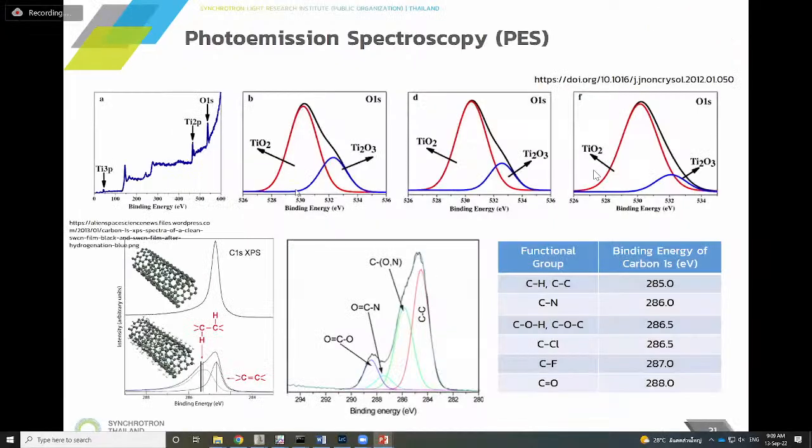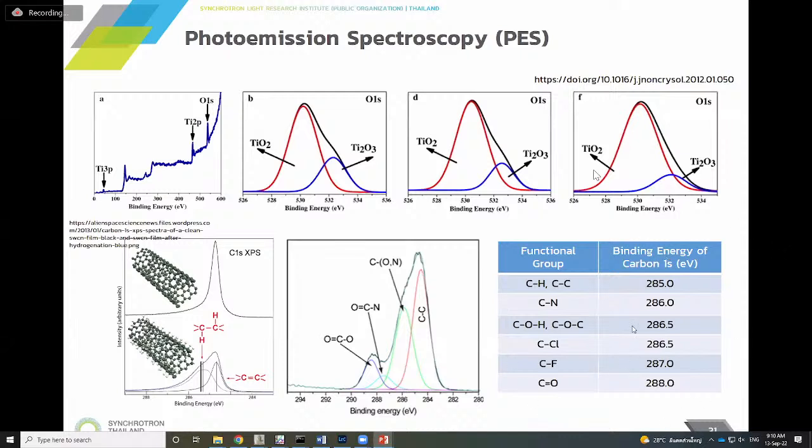By that, you can interpret it like the XPS technique. And via the XPS data, you can distinguish the state of the elements you have in the sample, like titanium dioxide, TiO2, or Ti2O3, by deconvoluting this graph like this.